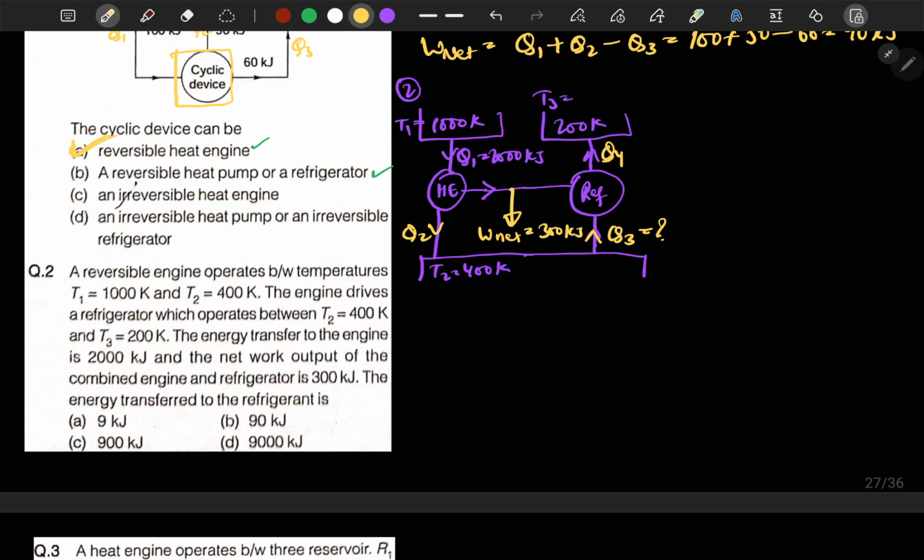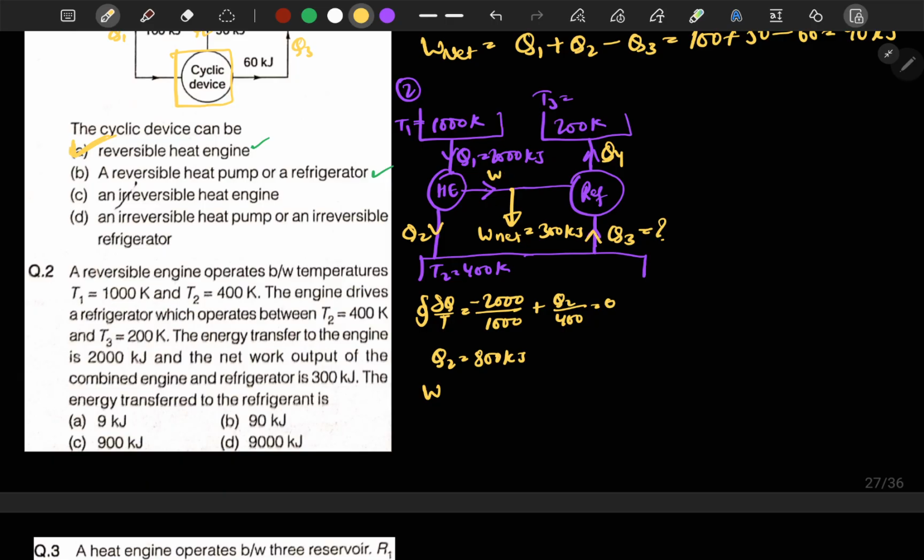Since the engine is reversible, the sum of dQ by T for this engine must be 0. So 2000 divided by 1000 minus Q2 divided by 400 must be equal to 0. So from this we get Q2 equal to 800 kilojoule.